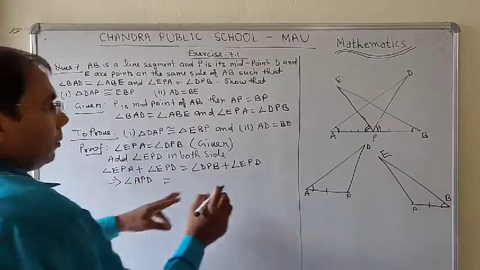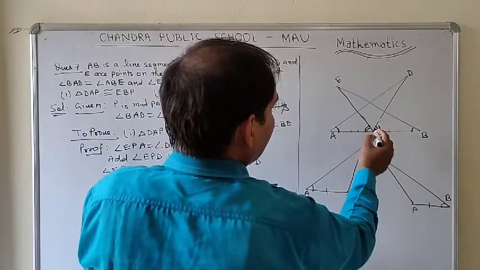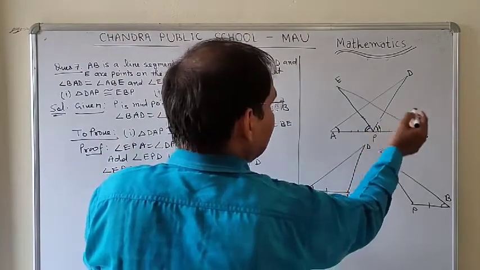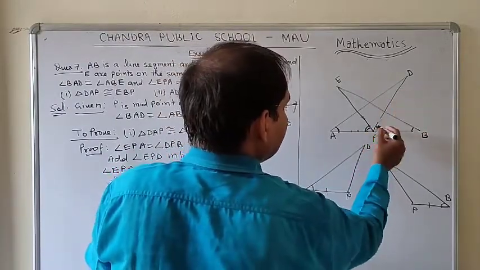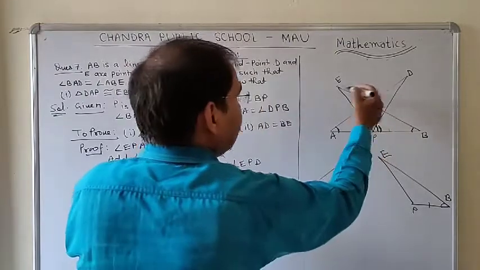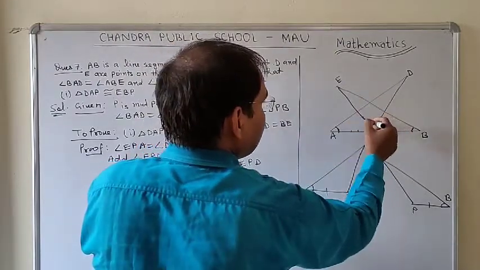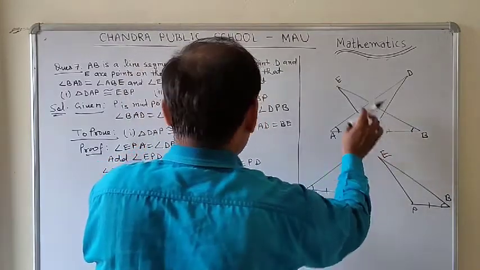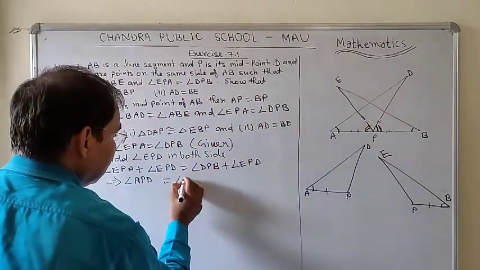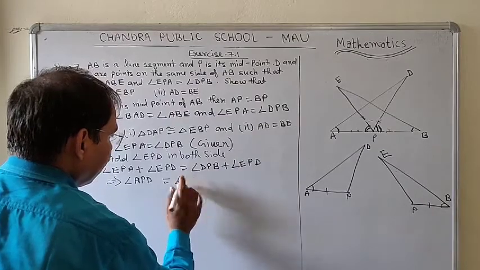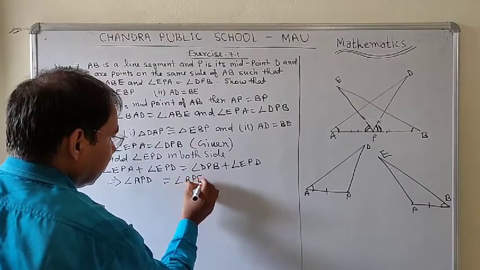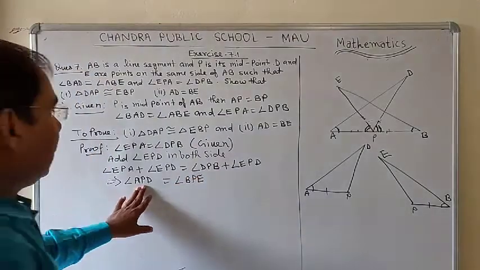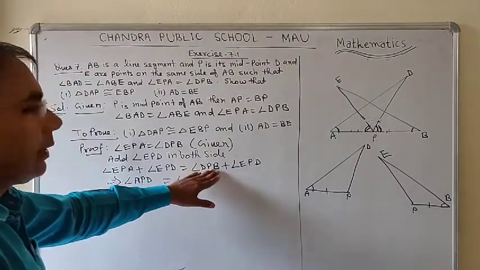In the same way, angle DPB plus angle EPD is equal to angle BPE. So angle APD and angle BPE are equal, that is proved here.